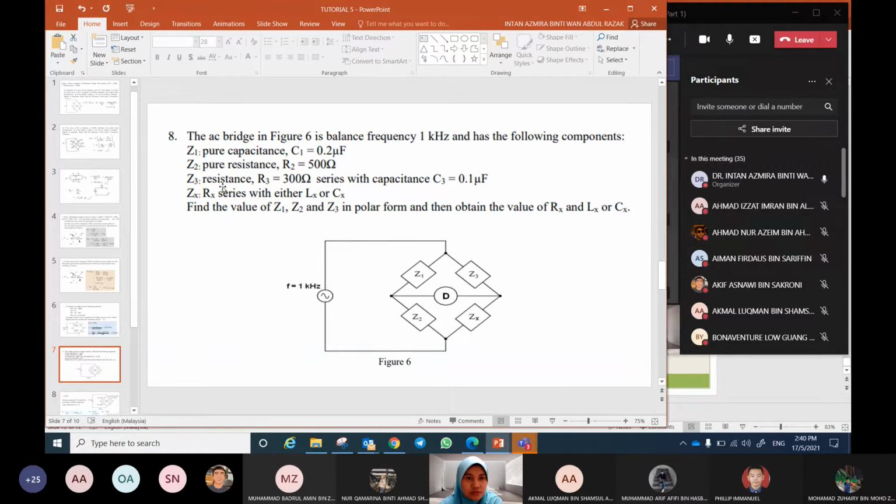Z3 is a resistance R3 equal to 300 ohm in series with capacitance C3, so Z3 is a combination of R and C. Zx is Rx in series with either Lx or Cx, so this is unknown. Find the value of Z1, Z2, Z3 in polar form and then obtain the value of Rx and Lx or Cx.